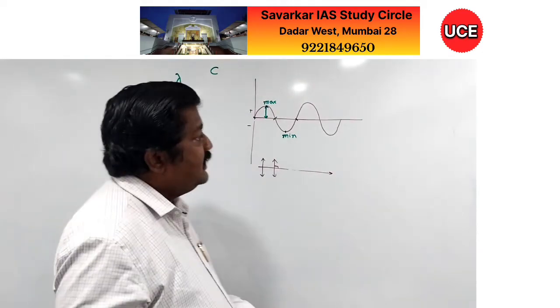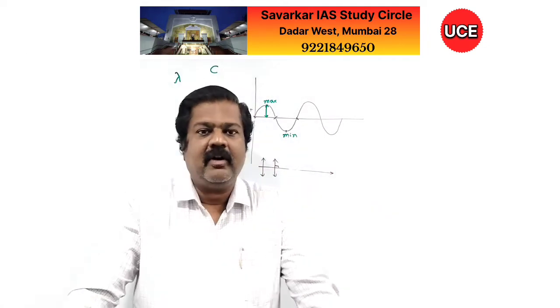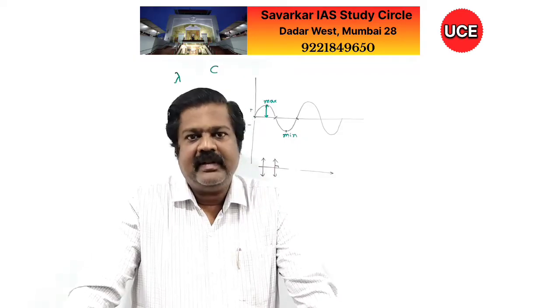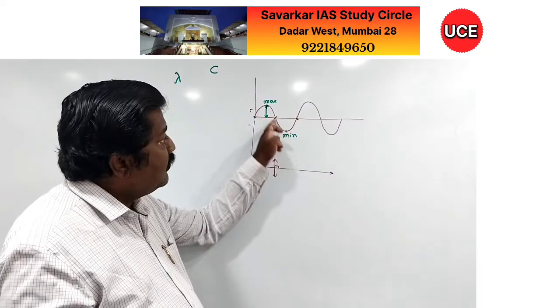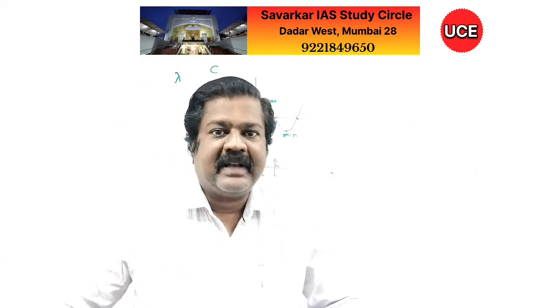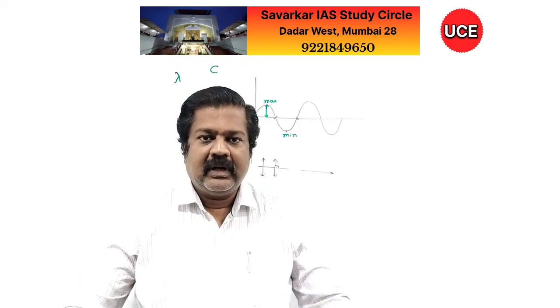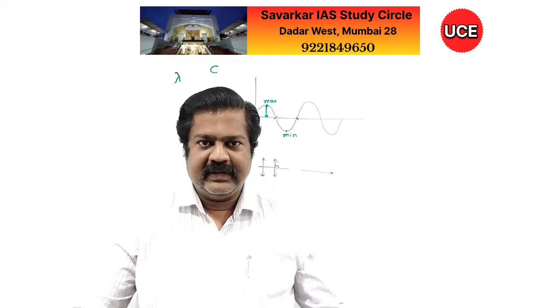Now frequency. You are aware of wavelength. Another characteristic of this wave is called frequency. This is one wave, or rather I should say one cycle. The number of cycles passing a particular point in a second is called frequency.